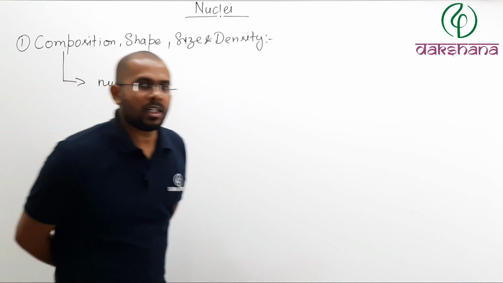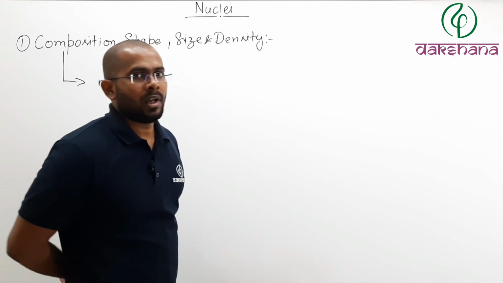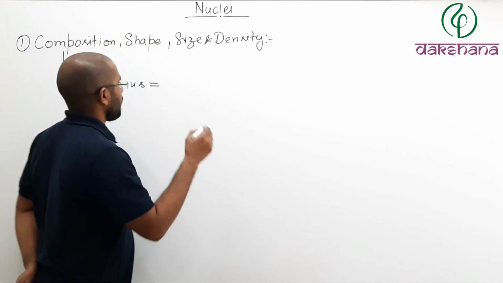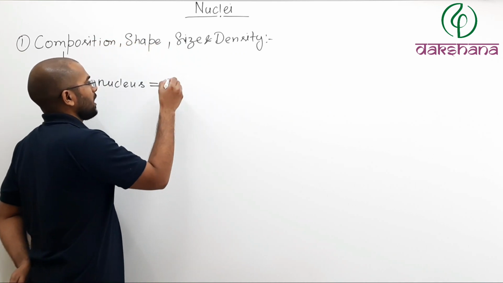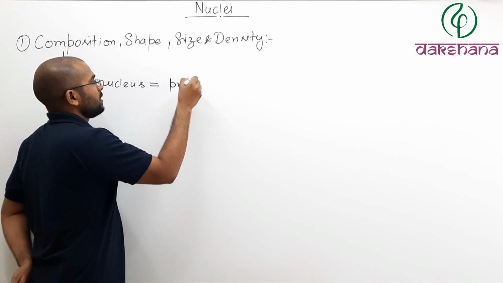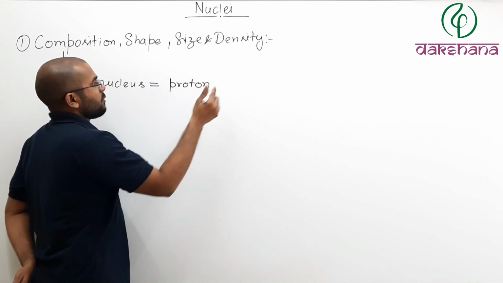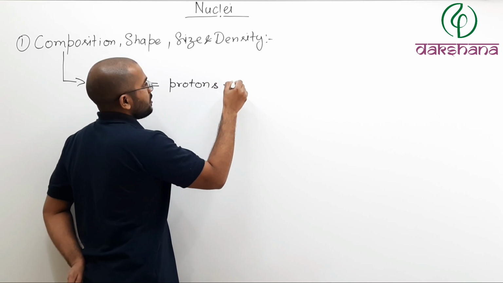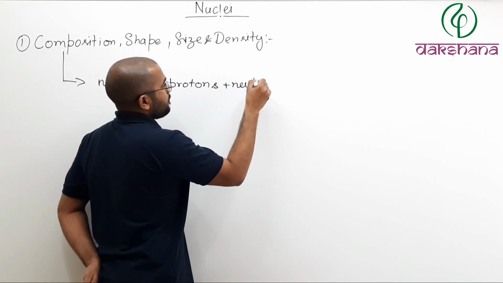One is proton and another is neutron. We will come to that, what are protons and neutrons. You most probably already know it, no problem. So nucleus is made up of protons plus neutrons.